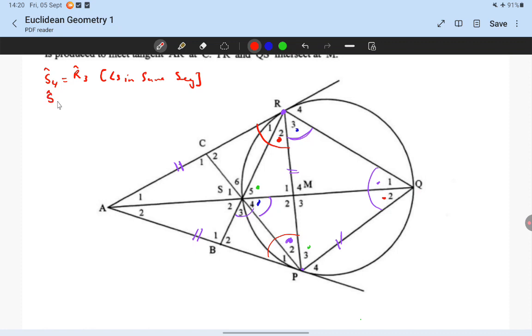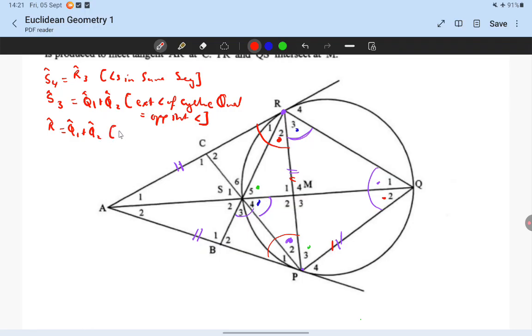And also we can see that this our angle S3 is equal to Q1 plus Q2. And the reason being exterior angle of cyclic quad is equals to opposite interior angle. But lastly, we are told that this line is equivalent to this line. Can you see that? So which makes that our R3 is equals to Q1 plus Q2.